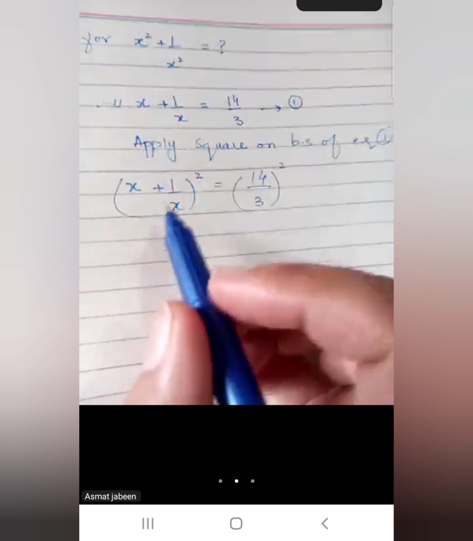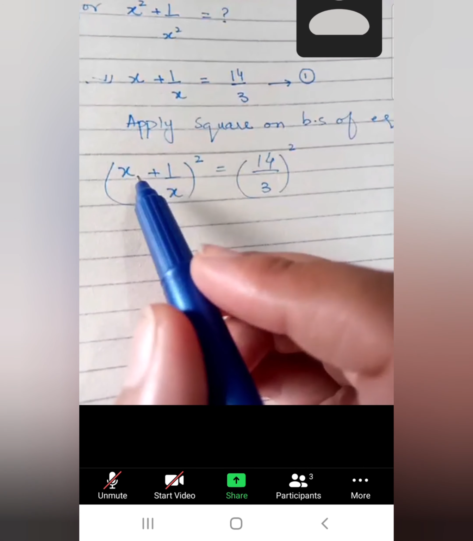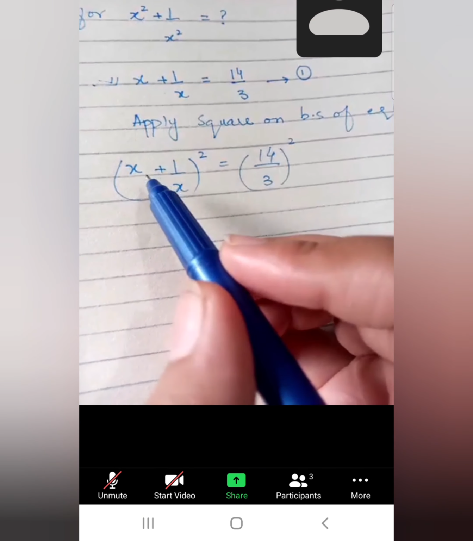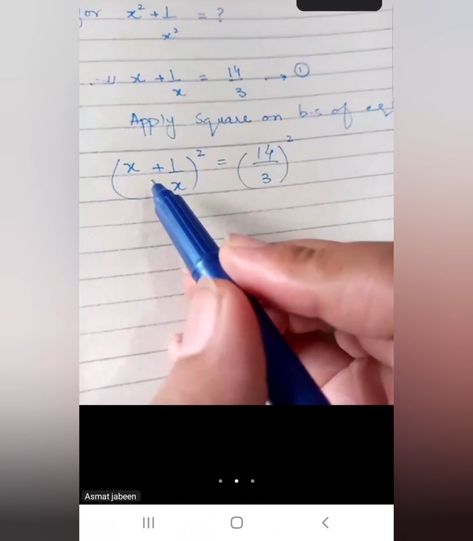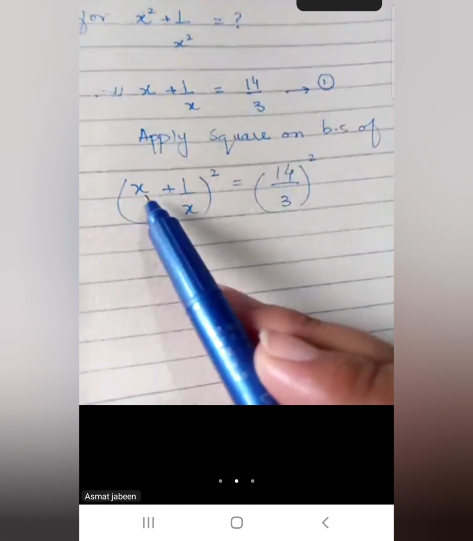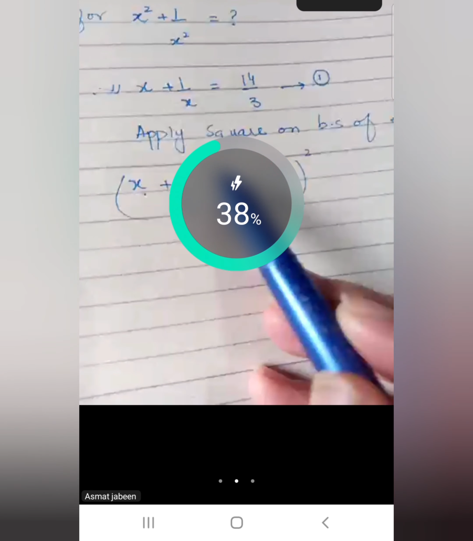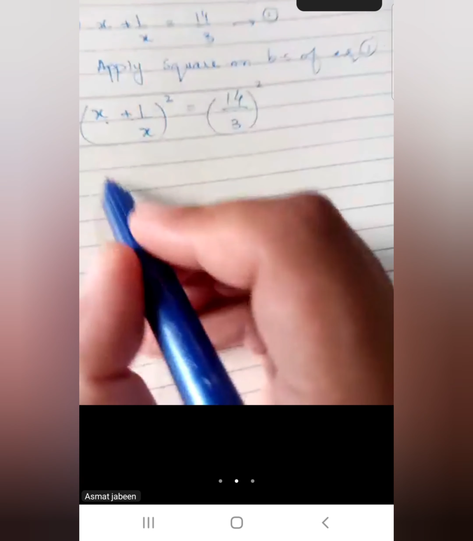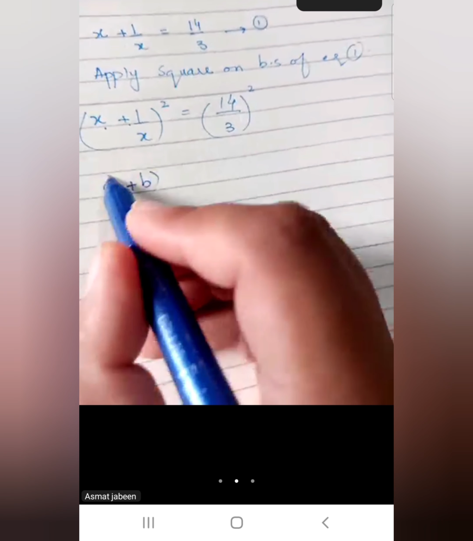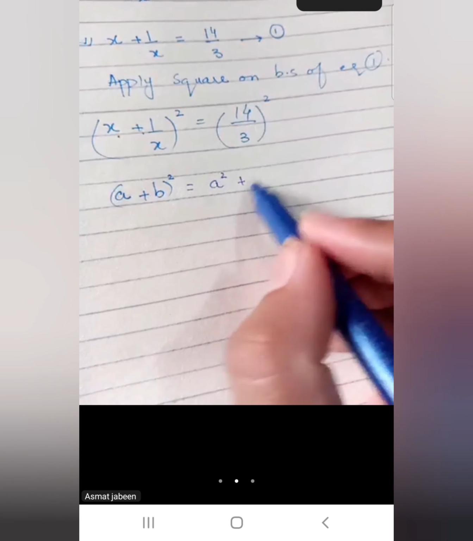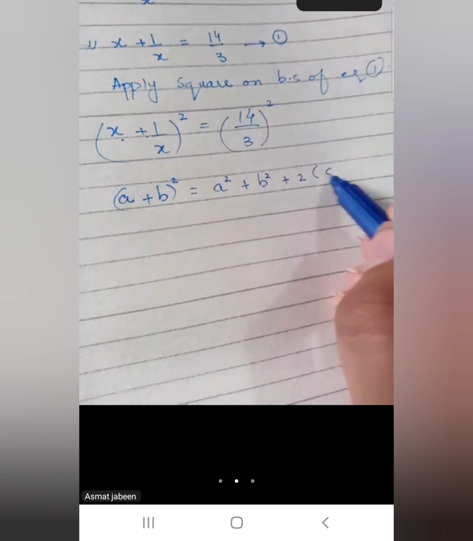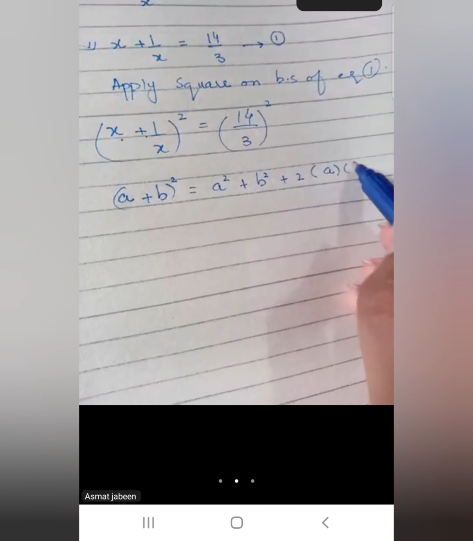ठीक है? Okay. Here you can see we have to apply formula. Formulas आपको बिल्कुल फिंगर टिप्स पे होने चाहिए. जहां पर भी फॉर्मूला यूज करना हो आपको क्विकली आइडिया हो जाए कि व्हाट फॉर्मूला विल बी यूज here. A plus b whole square. Here we will use formula a plus b whole square, that is equals to a square plus b square plus 2 times a into b. ठीक है?